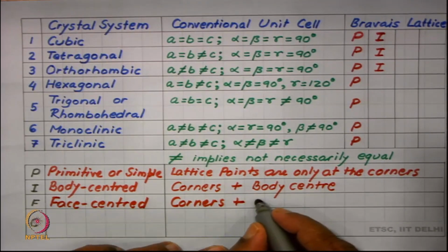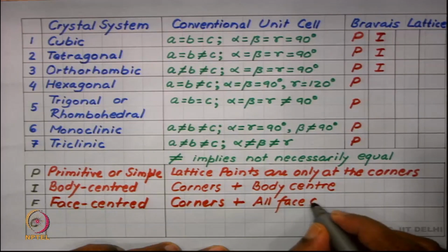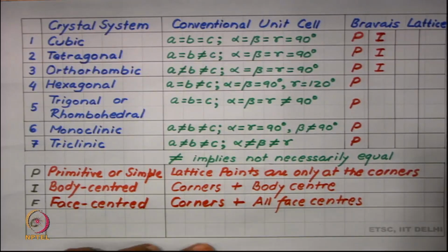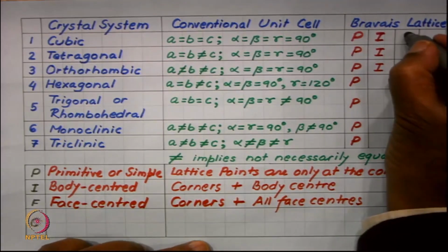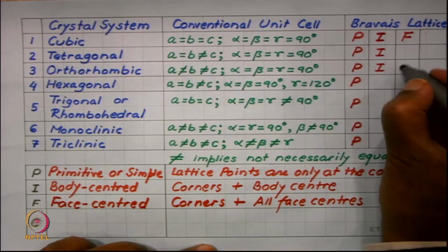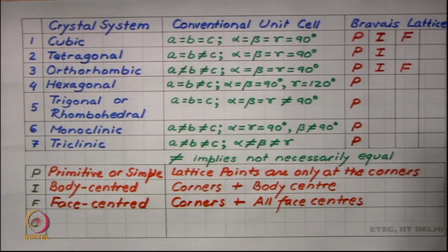Corners plus all face centers. F is there, you have cubic F and you have orthorhombic F. So, 2 F lattices are there.